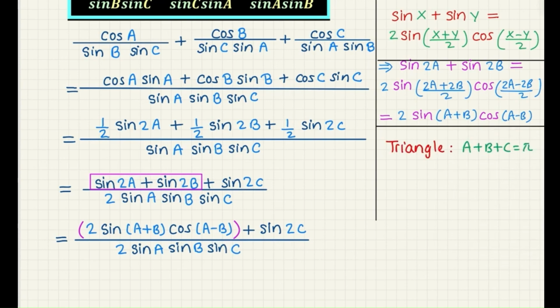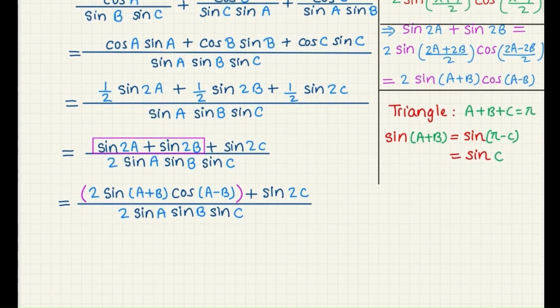Pi radians. And this can be used to write sine of A plus B as sine of pi minus C. Now, sine of pi minus C is equal to sine of C. Aha!